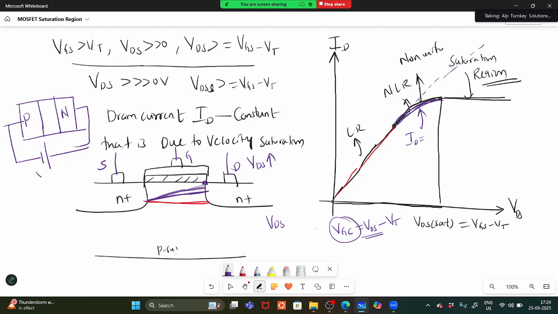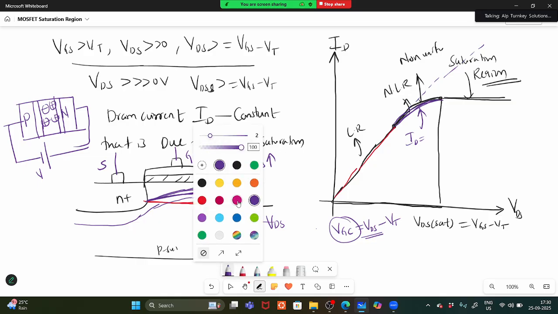As you increase this voltage more and more, the depletion layer also increases. Similarly here, the depletion layer will come towards this channel and eat away the channel. When you increase more and more, the pinch-off condition occurs.